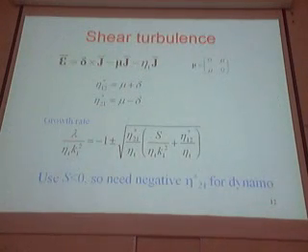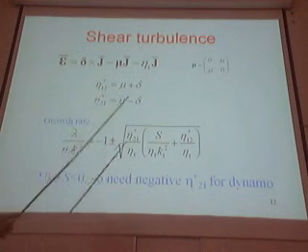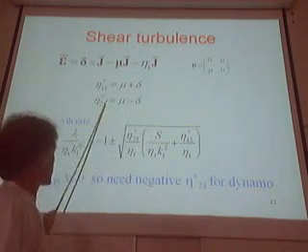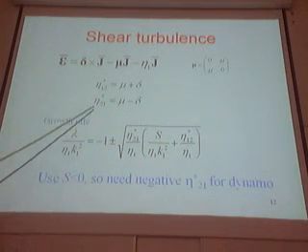Another even more interesting case is the case of shear turbulence, and there it has been argued you can have dynamo action on its own. And that is if you have an off-diagonal component, in particular the eta 2-1 component, if it has the right sign.